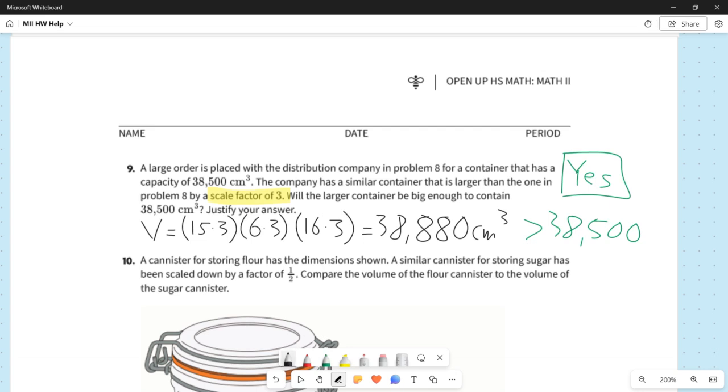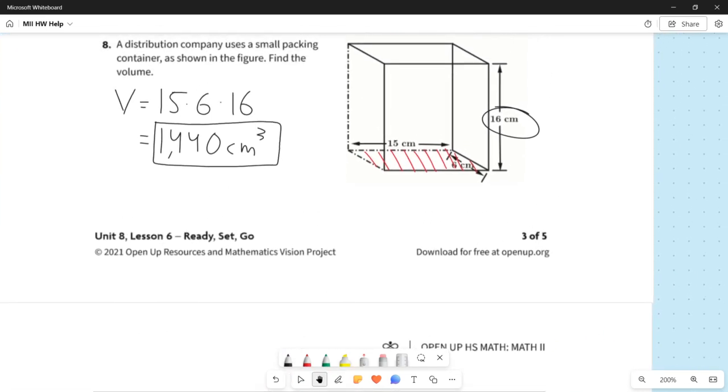Now, before we close out this problem, I do just want to mention another way to do question 9 that, in my opinion, is slightly easier than the one that we just did, but maybe you'll disagree. Notice that with question 8, we found the volume of the smaller box.